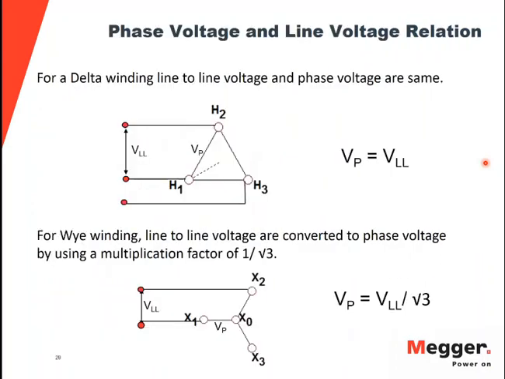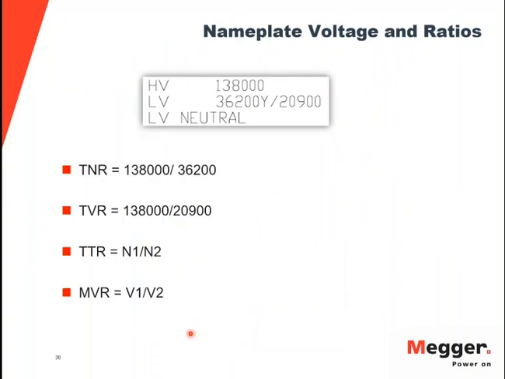This is very basic. We know that for a delta winding, your phase voltage and your line-to-line voltage are the same. But for a wye winding, your line-to-line voltage is √3 times the phase voltage. Now, going back to the same nameplate information, I have a high voltage winding and a low voltage winding. Let's look at those four terms that we talked about.